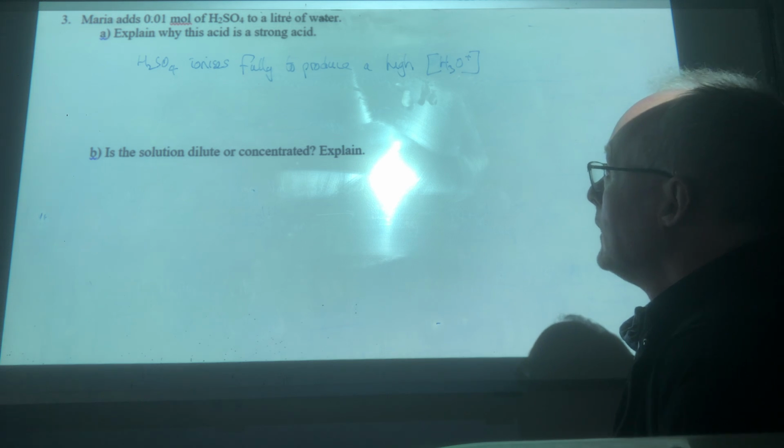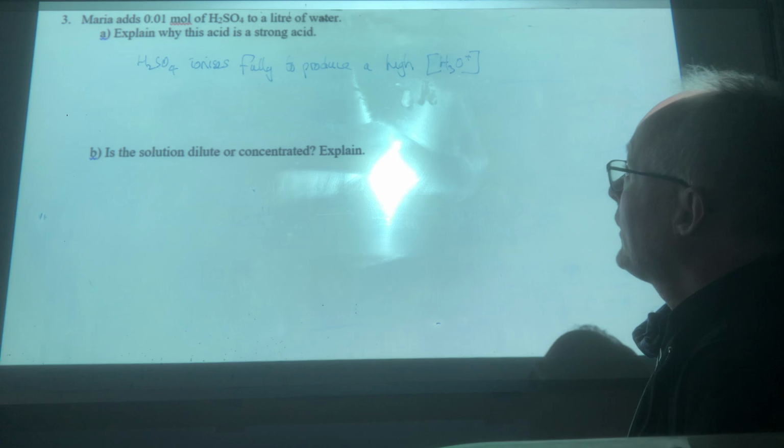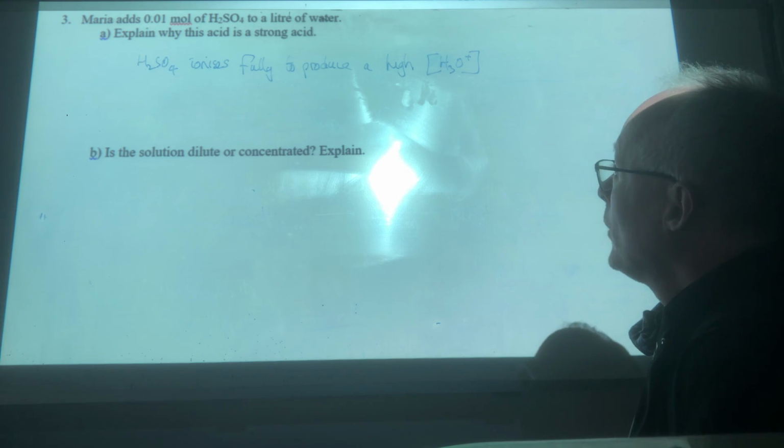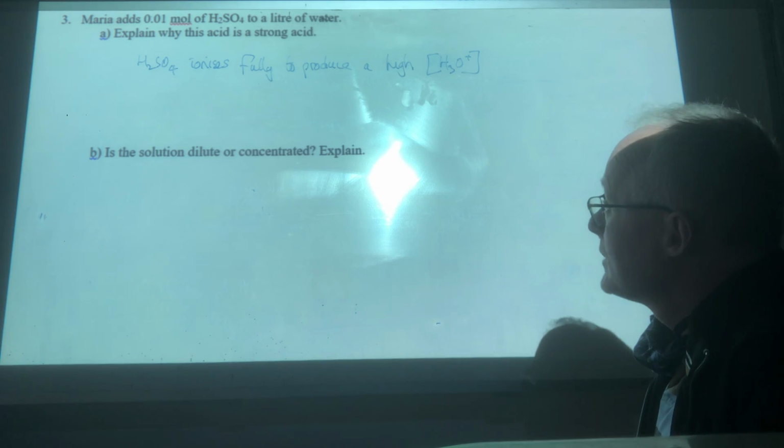Now, our sulfuric acid solution, is it dilute or concentrated? Well, that tells us what amount of sulfuric acid is in our litre of water. And we see it's only 0.01 moles in a litre of water.